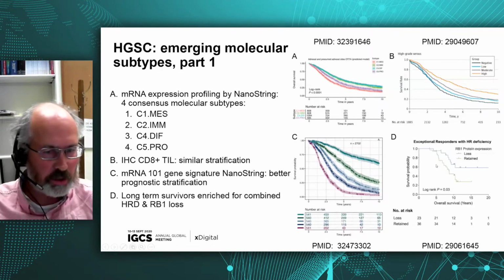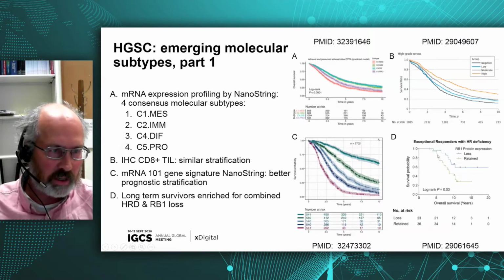While mRNA expression profiling assesses mostly the microenvironment, it's interesting to note that tumor intrinsic factors in this study from David Bowtell's group showed the combination of HRD with RB1 was enriched in long-term survivors, and even in a subset of exceptional responders, which are characterized by long progression-free survival, this combination predicted a higher chance of survival.